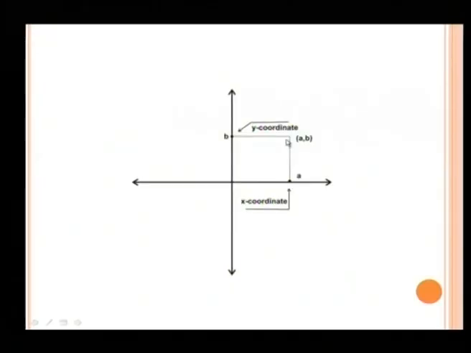Every point P in the coordinate plane can be associated with a unique ordered pair of real numbers by drawing two lines through P, one vertical line and the other horizontal line.